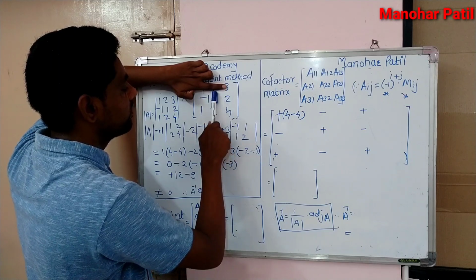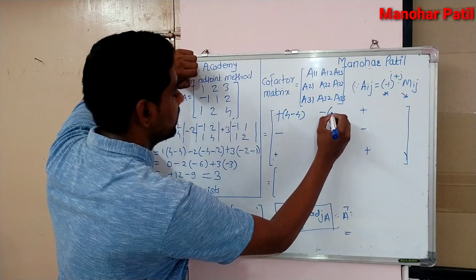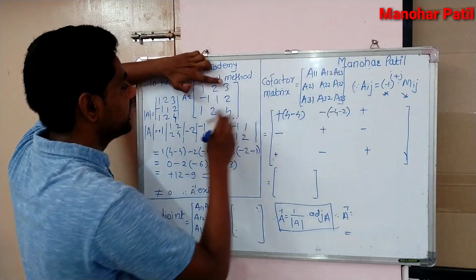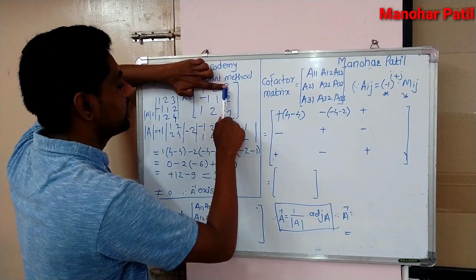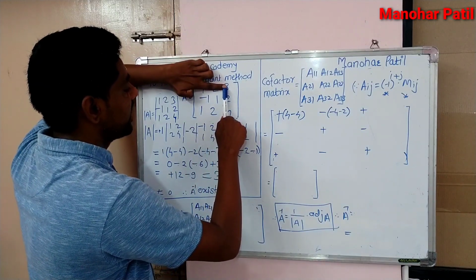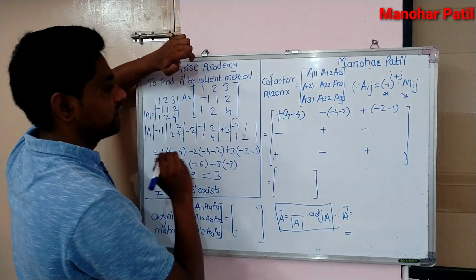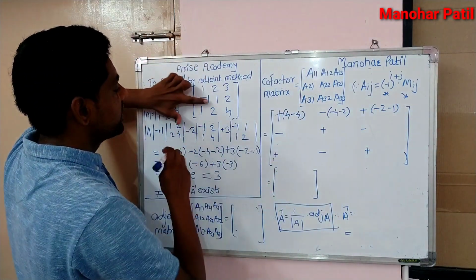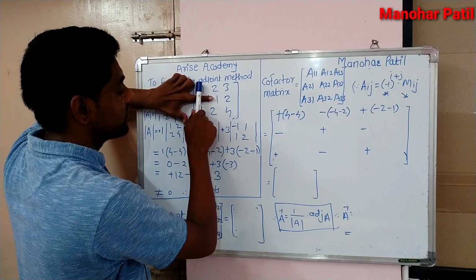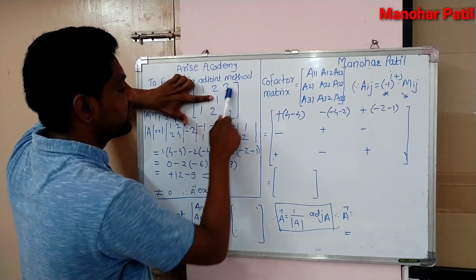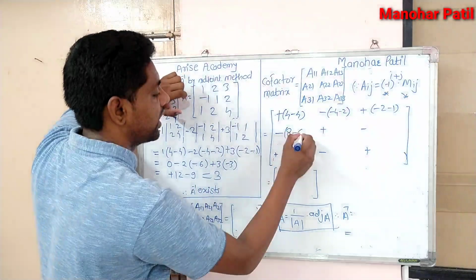So minus 1 into 4 minus 4 minus 2, that is minus 4 minus 2. For A13 present in first row, third column, the answer is minus 2 minus 1. For A21 present in second row, first column, the answer is 8 minus 6.